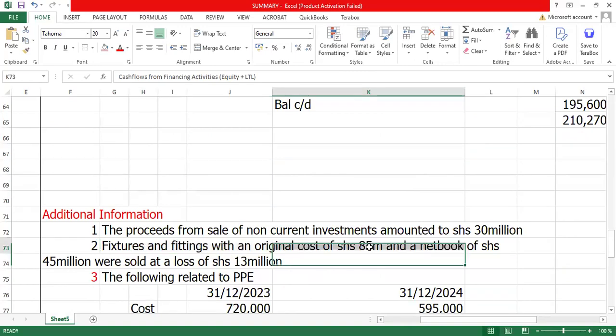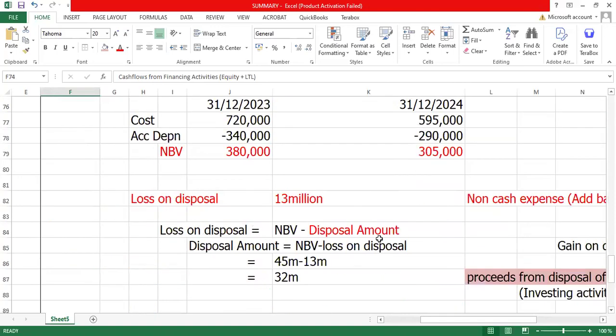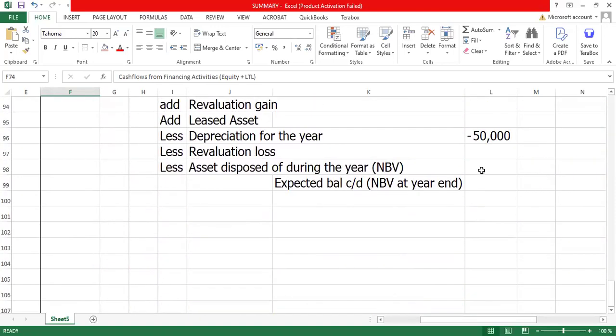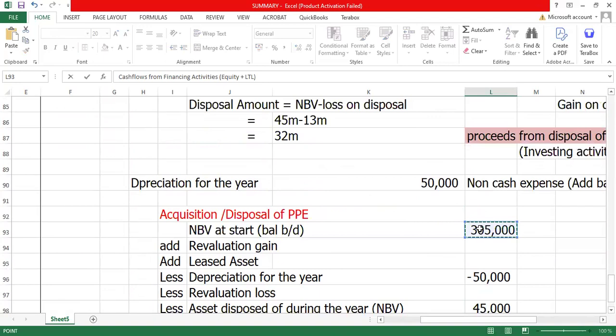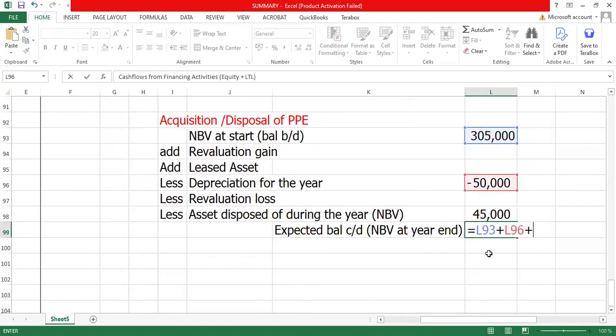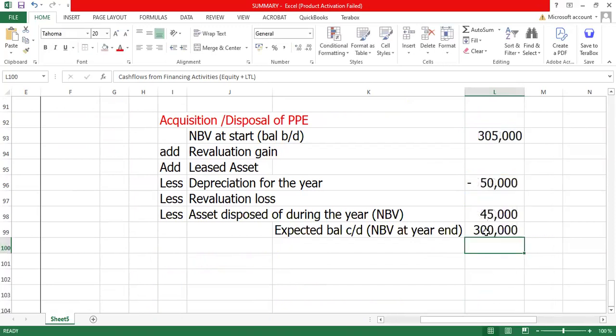Its original cost was 85, but its net book value was 45. For us, we put here the net book value, 45. So you will be in a position to get the expected: you get this minus this plus this.